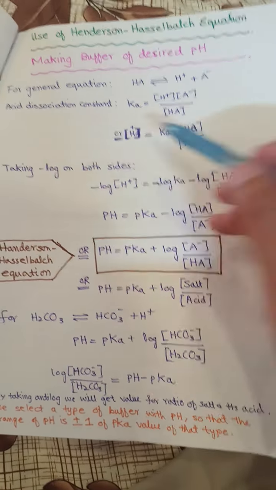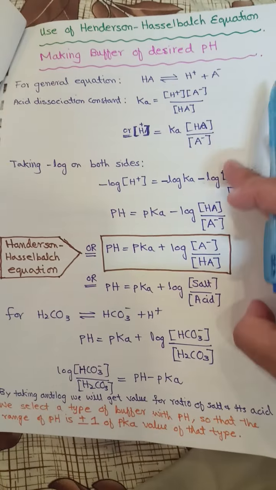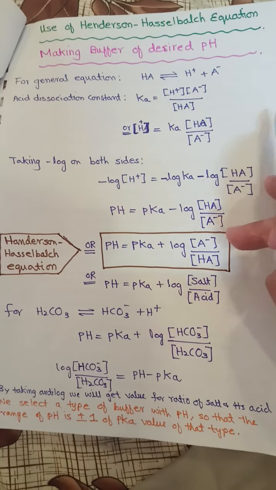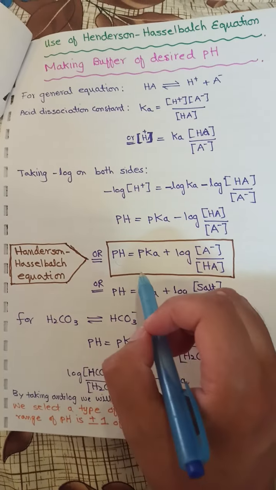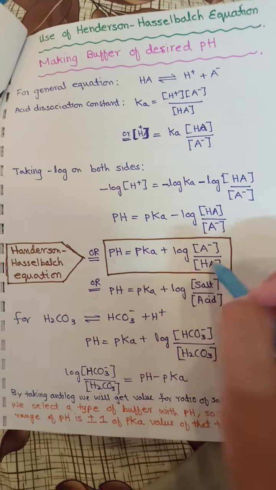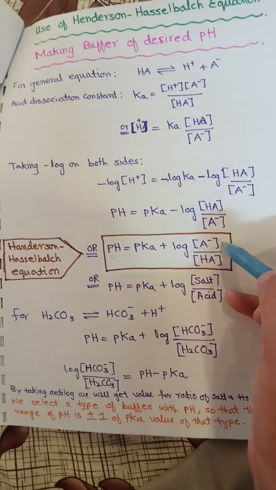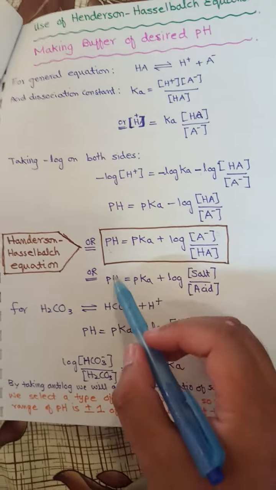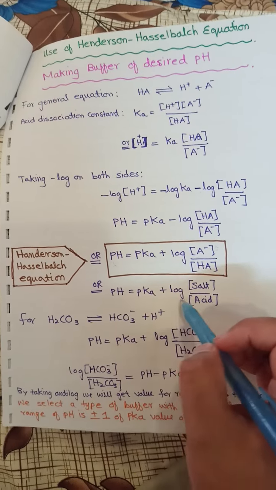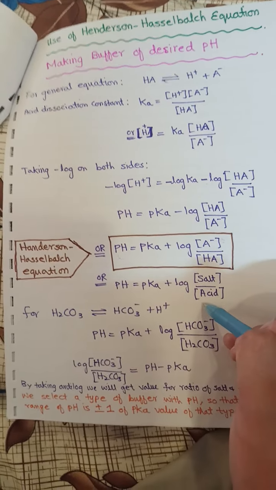So finally we will have an equation: pH is equal to pKa plus log of the conjugate base of an acid and its acid. So we can say that pH is equal to pKa plus log of salt by acid.